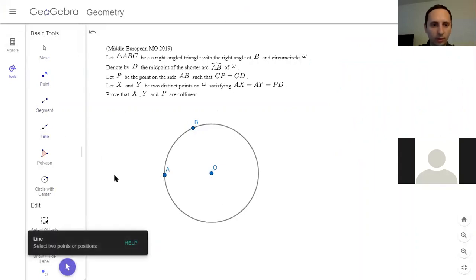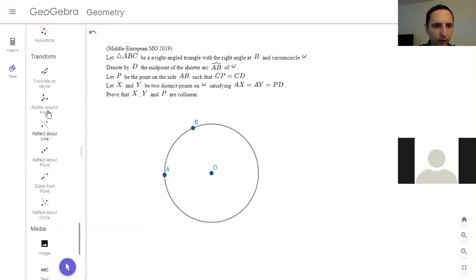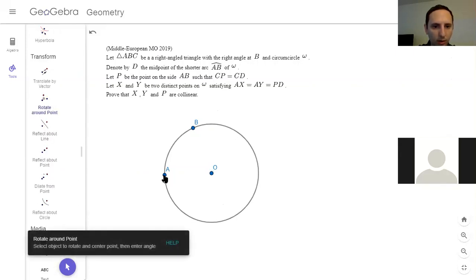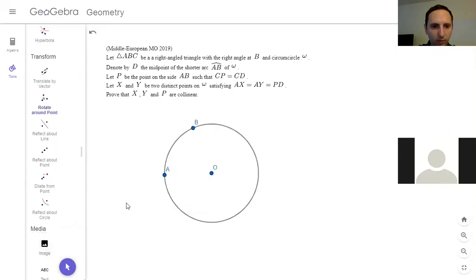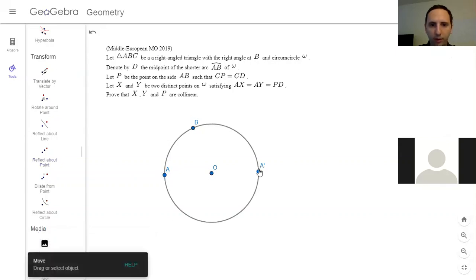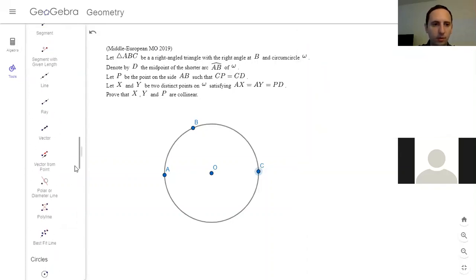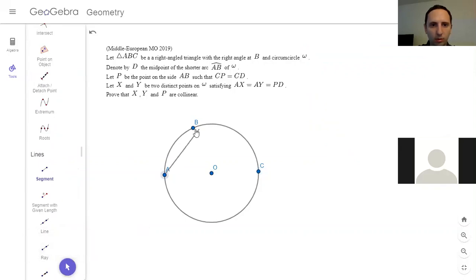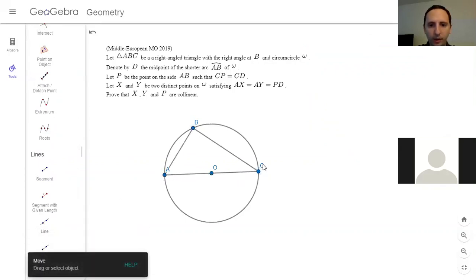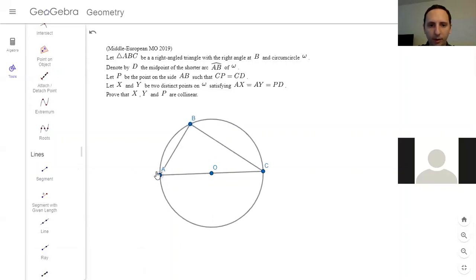That's called C. And D is the midpoint of arc AB. So obviously we know triangle ABC is inscribed in a diameter.